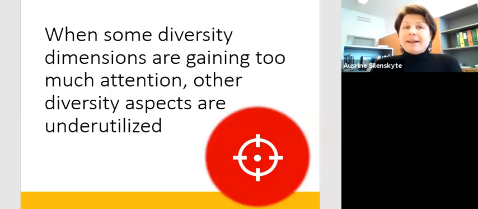And finally, in the units with high visible diversity, it is important to go beyond the visible factors too, and understand that each individual is unique and carries other aspects to be utilized and observed than only the few visible dimensions that were initially discussed. So these aspects of diversity dimensions should be reflected in manager behavior and organizational processes and tools used to support diversity management in the organizations.